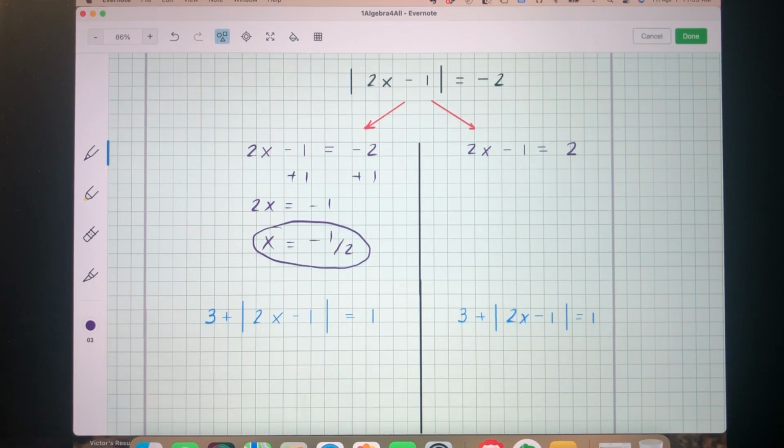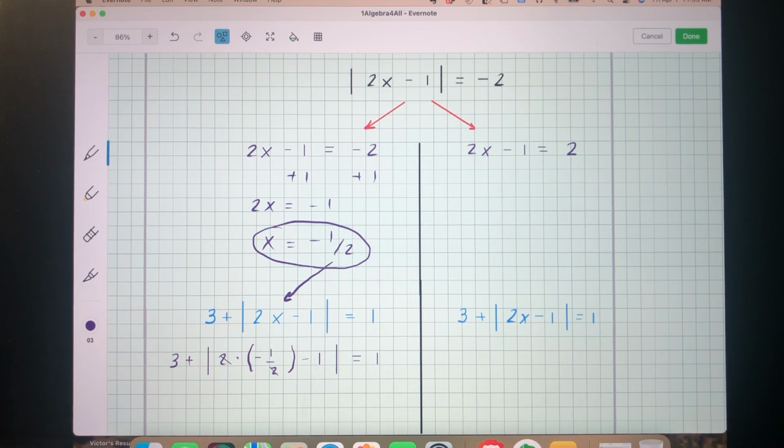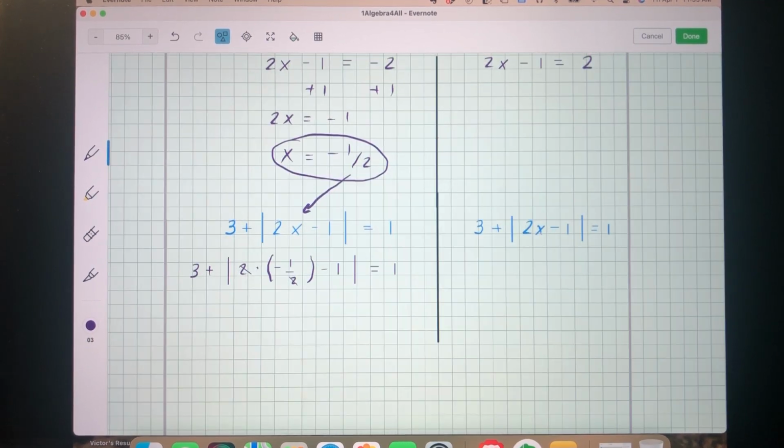So we plug it into our original equation and we get 3 plus absolute value of 2 times negative half minus 1 equals 1. 2 times negative half makes negative 1, and so we have 3 plus absolute value of negative 1 minus 1.